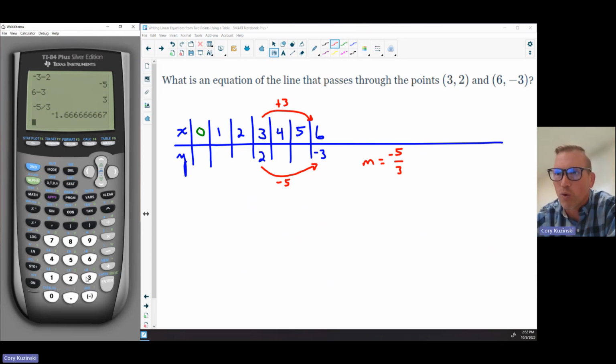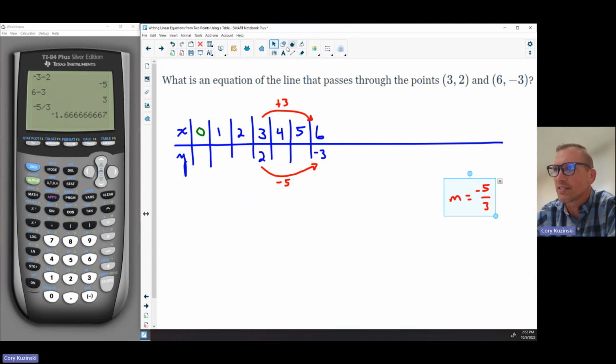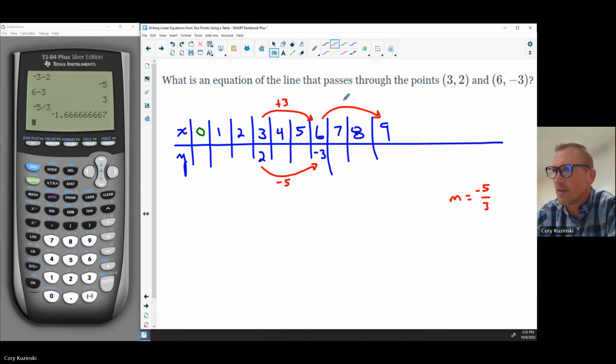It still kind of works, but I think the easier way now is maybe to make a big jump. Every time x goes up 3, there's an increase of 3, then y should go down 5. So this would be -8, right?